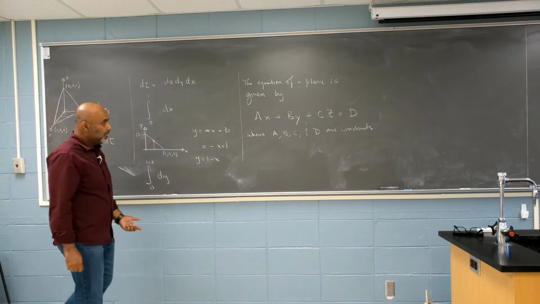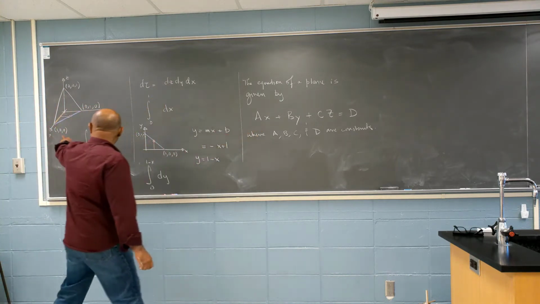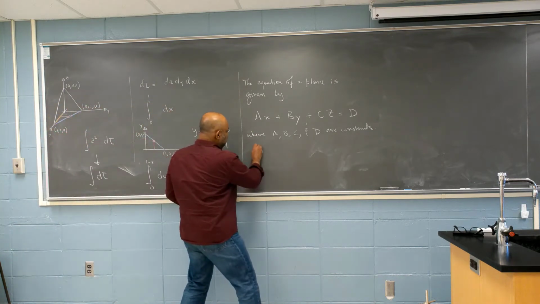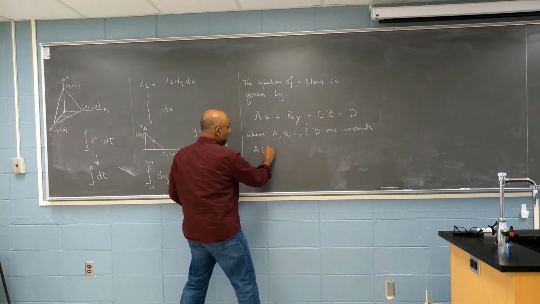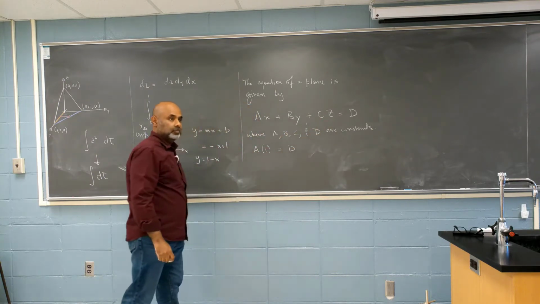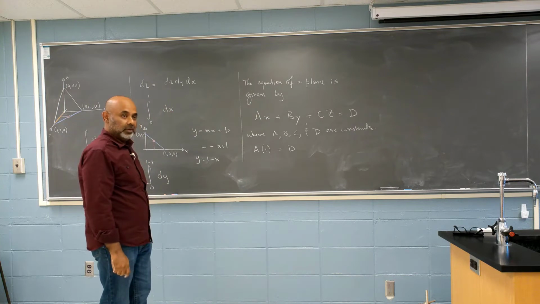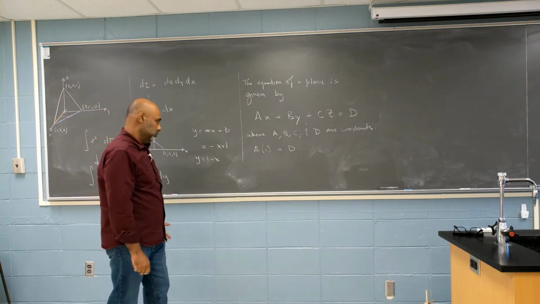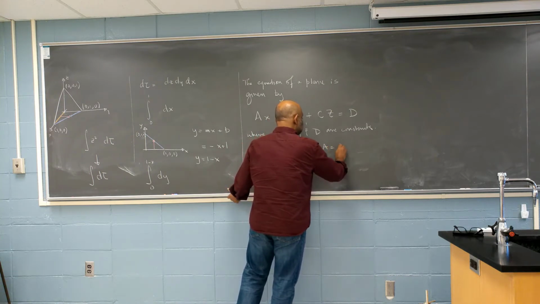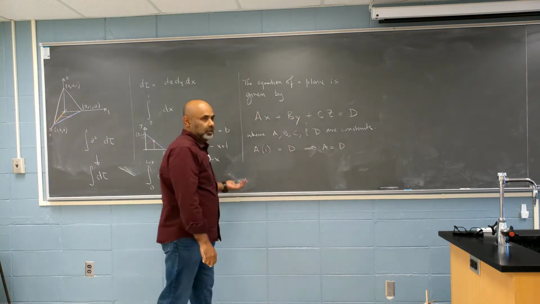Well, that's easy. I'm going to pick the first point. So I get A times 1, 0, 0 equals D. Correct? Fine. So I'm going to write this as A equals D. Well, you know what's going on.